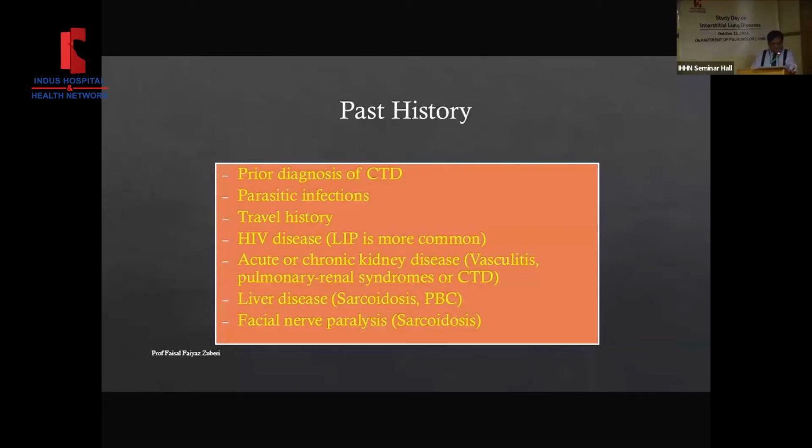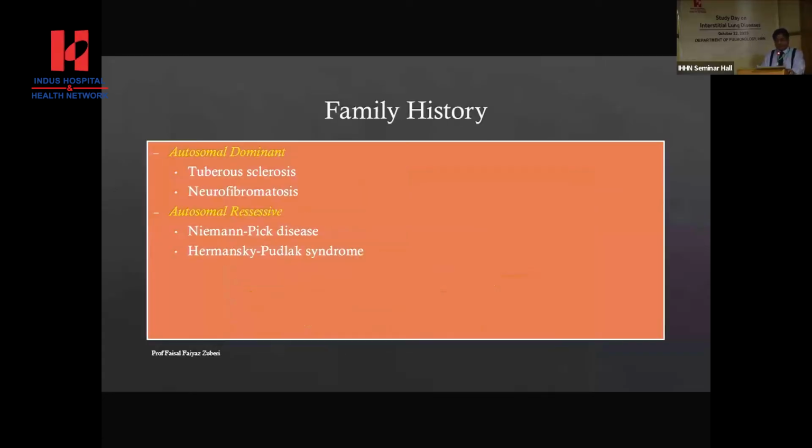Acute or chronic kidney disease, vasculitides, pulmonary renal syndromes, and connective tissue associated disorders all come into the picture. Liver disease, think of sarcoidosis, think of primary biliary cirrhosis. Facial nerve palsy, always consider parotid enlargement, think of sarcoidosis. These are a few things; looking at the past history is important. Family history of rare disorders: autosomal dominant ones like tuberous sclerosis, and recessive ones like Hermansky-Pudlak syndrome, for example. They are very rare.